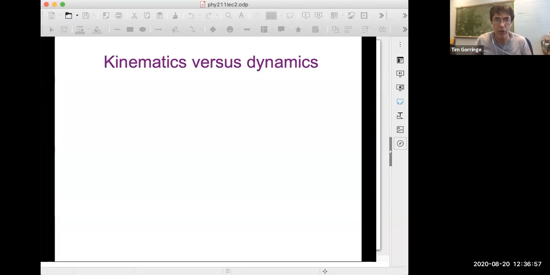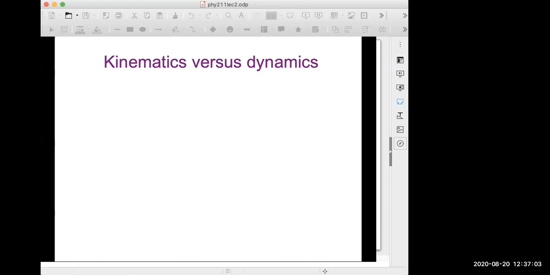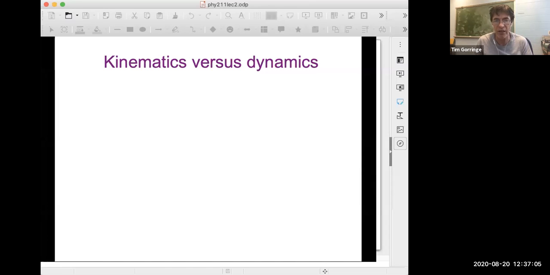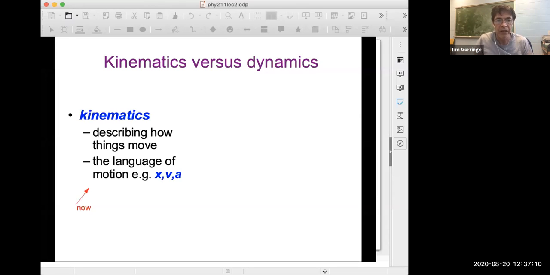Okay, so the first thing I want to introduce is two terms, kinematics and dynamics. Those are terms physicists always use, so I just want to let you know what they mean. Kinematics is the science of describing how things move.